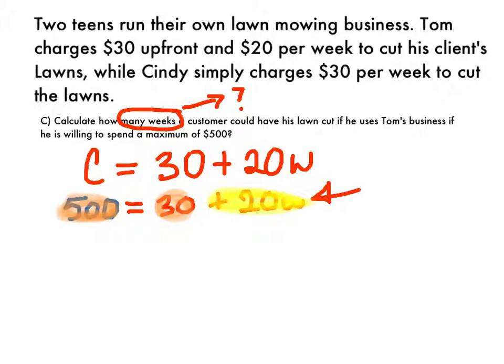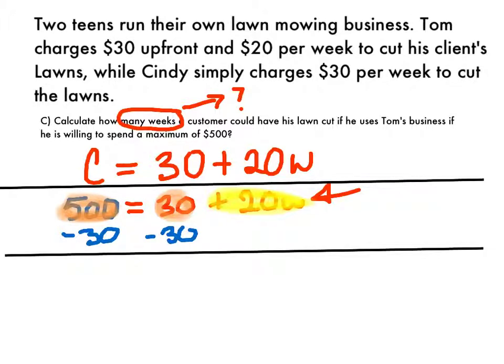So we need to get all the orange to one side and keep the yellow on the other. So what we'll do is proceed to use our opposite operations. We have to get that 30 to the left, so we're going to subtract 30 on both sides, remembering whatever we do to one side we have to do to the other.